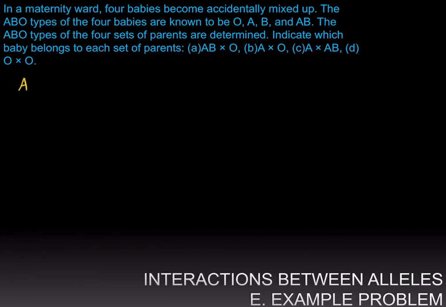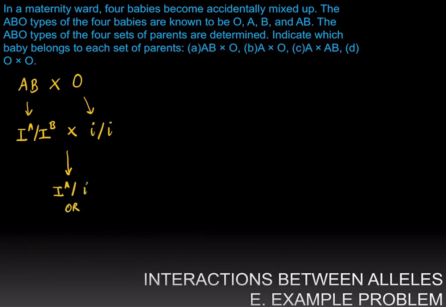So let's say I have AB crossed with O. That means AB blood group is produced by individuals who are heterozygous for the IA and IB alleles, whereas the O blood group is produced by individuals who are little i over little i, and that means the progeny of this cross can be 2 types of individuals, IA over i or IB over i.